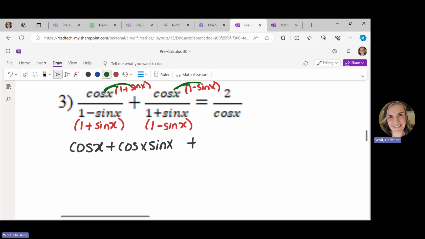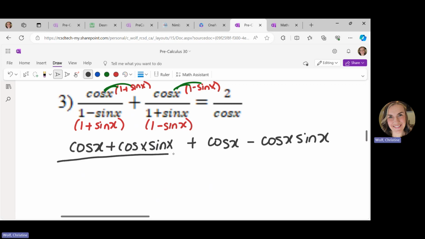I distribute cos into that bracket. Cos x times 1, cos x. And then cos x times negative sine x will be a negative result, and then it's cos x sine x again. So getting that negative right is really important because that allows us now to cancel out a couple of terms up top.